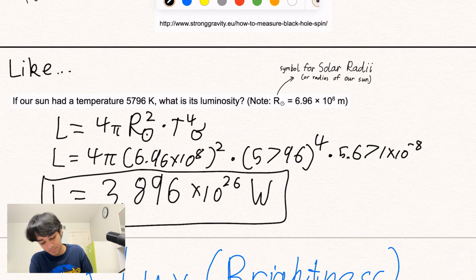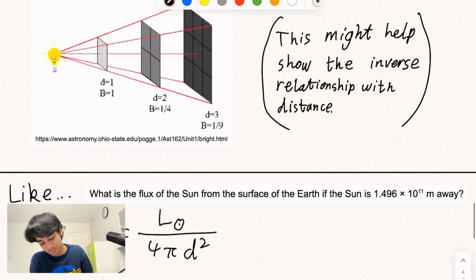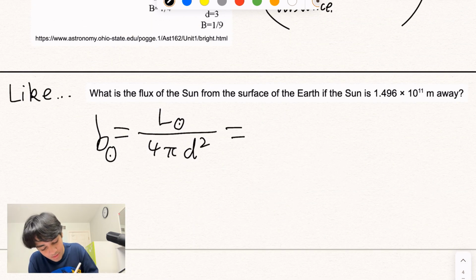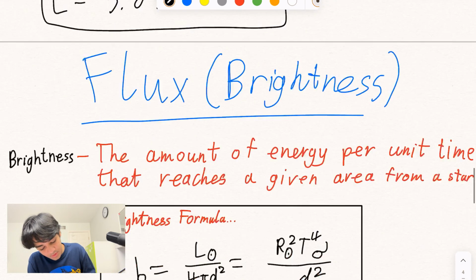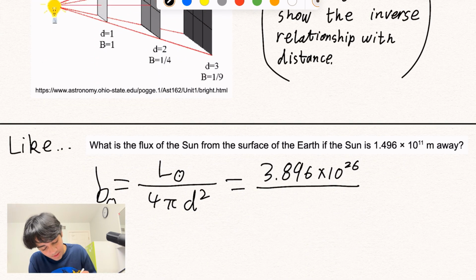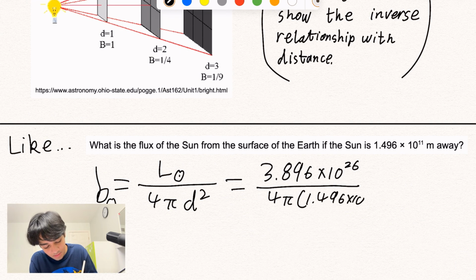We'll just use 3.896 times 10 to the power 26 watts, divided by 4 pi d squared, which is 1.496 times 10 to the power 11 squared.